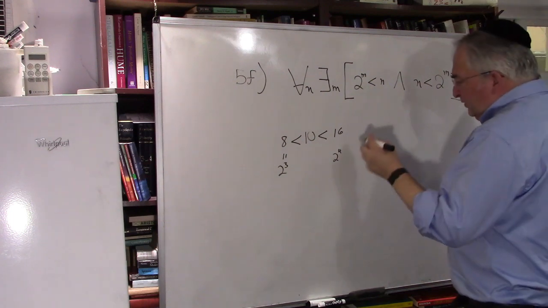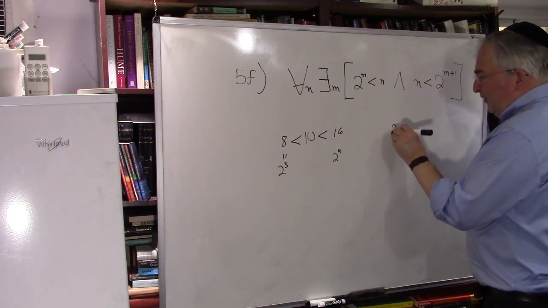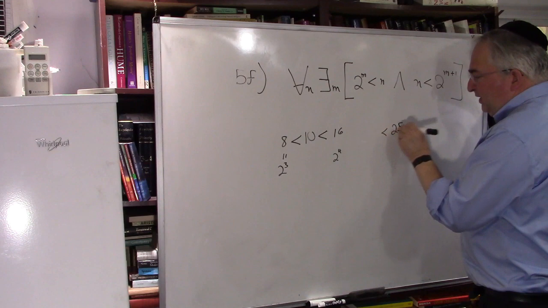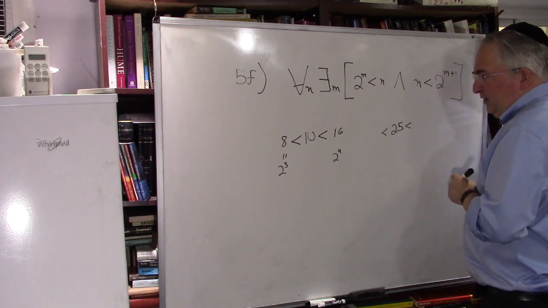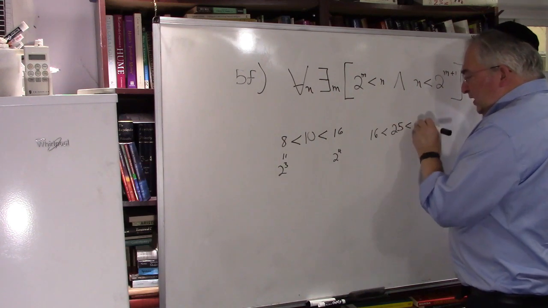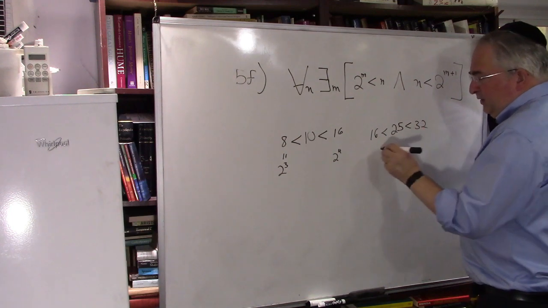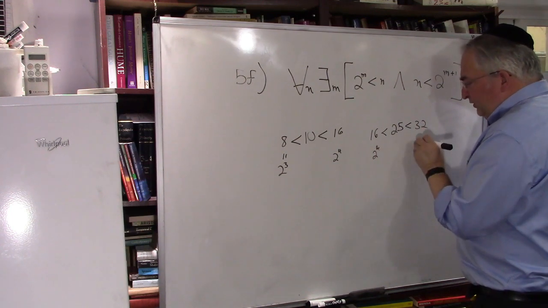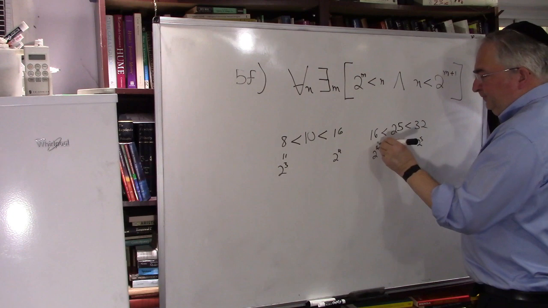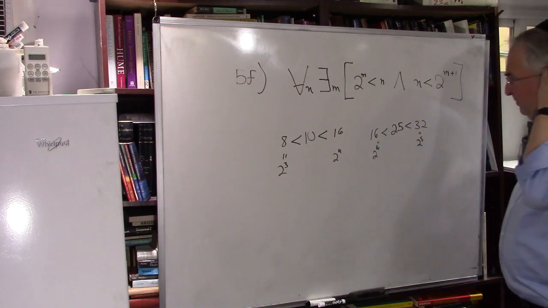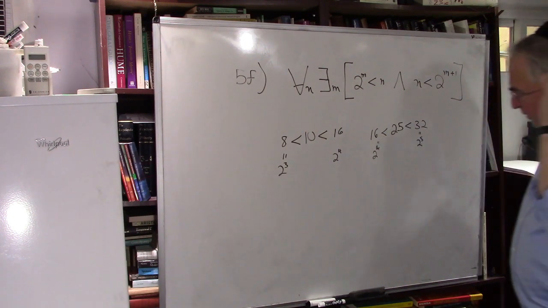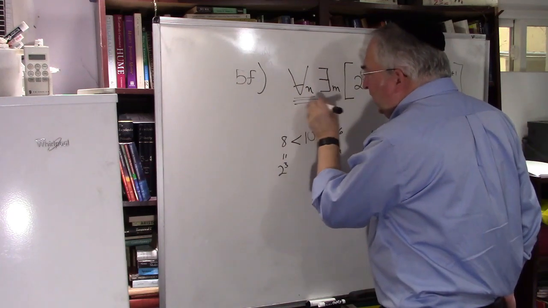And any number whatsoever, pick a number, 25. 25 is between 16 and 32. This is 2 to the fourth, and this is 2 to the fifth. So it seems to be true, but just remember this is for all n.